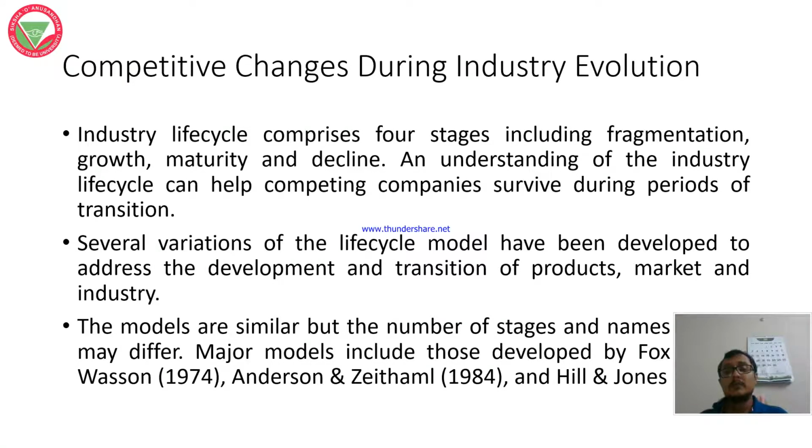Major models include those developed by Fox in 1973, Watson in 1974, Anderson and Zeithaml in 1984, and Hill and Jones in 1998. So who are they? They are the social science researchers who have suggested various models in order to understand industry evolution, how the industry is going to change, and what are the various stages through which normally an industry goes.